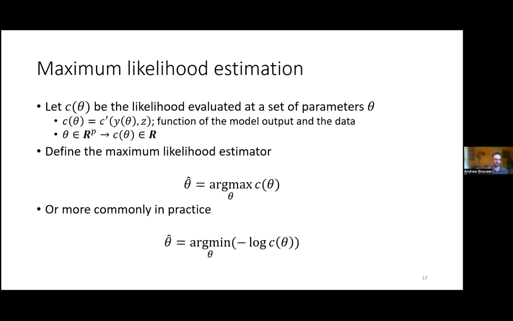Really, we're going from our parameter space P to a scalar C of theta as a real value. And so we define our maximum likelihood estimator as the parameter that maximizes the likelihood, or in more practical terms, minimizes the negative log likelihood, which is equivalent, because optimizers like to find minimums, not maximums.